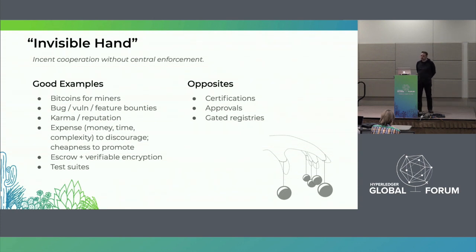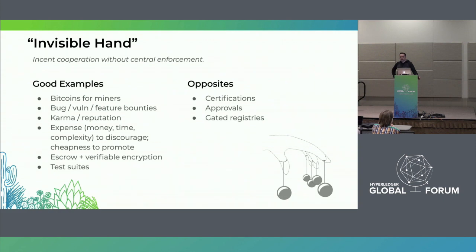Invisible hand, of course, is a phrase popularized by which economist? Adam Smith in the 1700s, okay? So I'm really reaching back here, but actually what Adam Smith described is an apt name for this pattern. It's the notion that sometimes you can incent cooperation without central enforcement. Now, that was an interesting economic observation in the 1700s, but isn't that exactly how Bitcoin miners work?